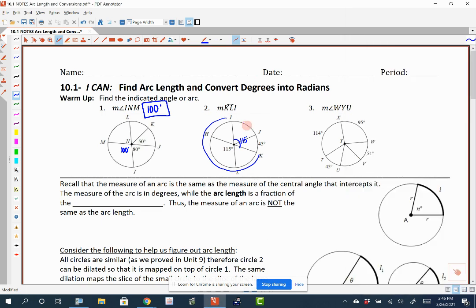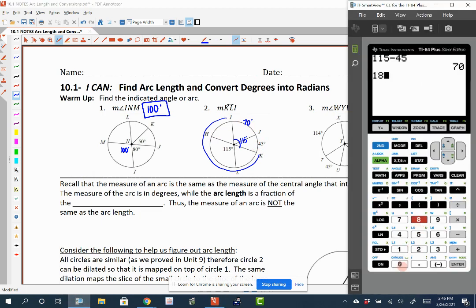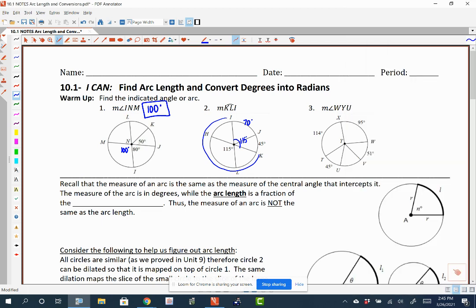So that missing arc and angle there would be 70 degrees, which means from H to K, again, is a diameter, so we'd have an arc of 180, that semicircle. So if we subtract those two arcs of 70 and 45, we get our arc HI is 65.